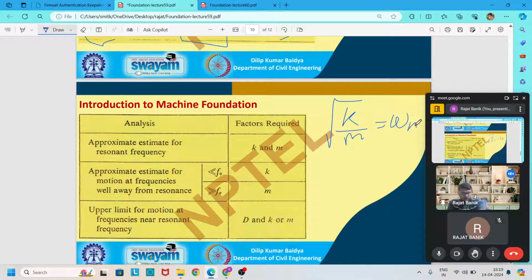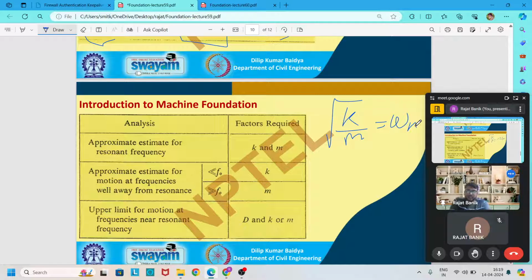The resonant frequency is that frequency which matches our natural frequency. So the more important factors are K and M for this type of analysis. K is the stiffness of the foundation, M is the mass of the foundation.